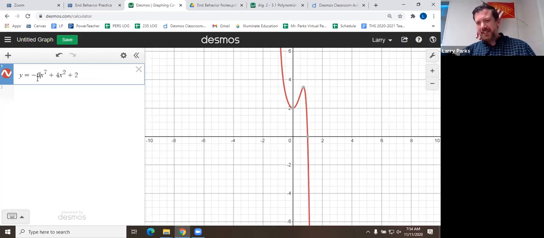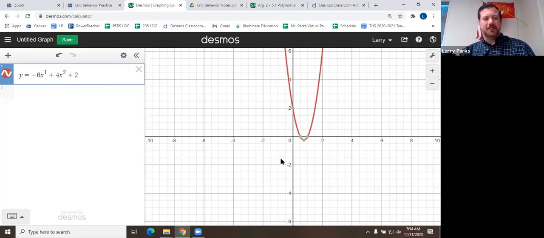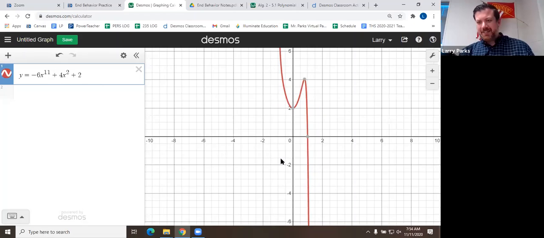But as I change this degree, it either repeats itself on the left, even degree, or does the opposite. So the degree just tells you, is it the same answer on both sides, or is it the opposite? And the leading coefficient tells you what it does on the right.